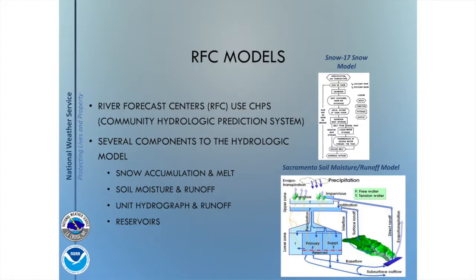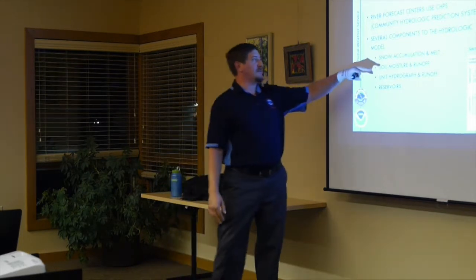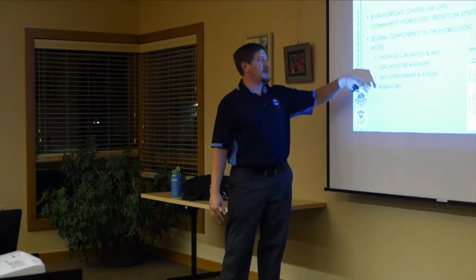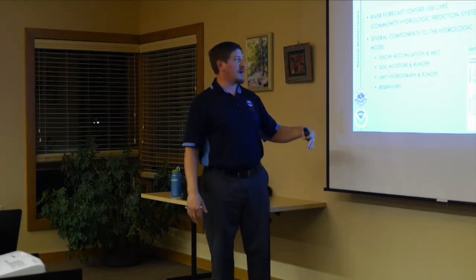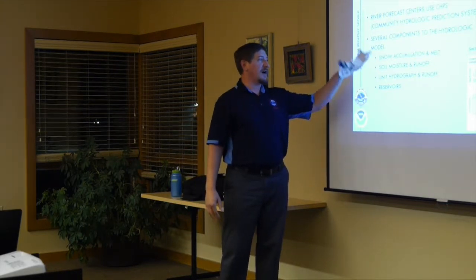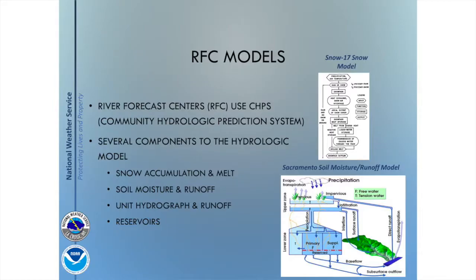It's a very complex modeling system that has many different components. Some components include snow accumulation and melt, soil moisture, how much is going to run off, a unit hydrograph and runoff, reservoirs, and if you start really digging into the details, there's a lot of components to it.